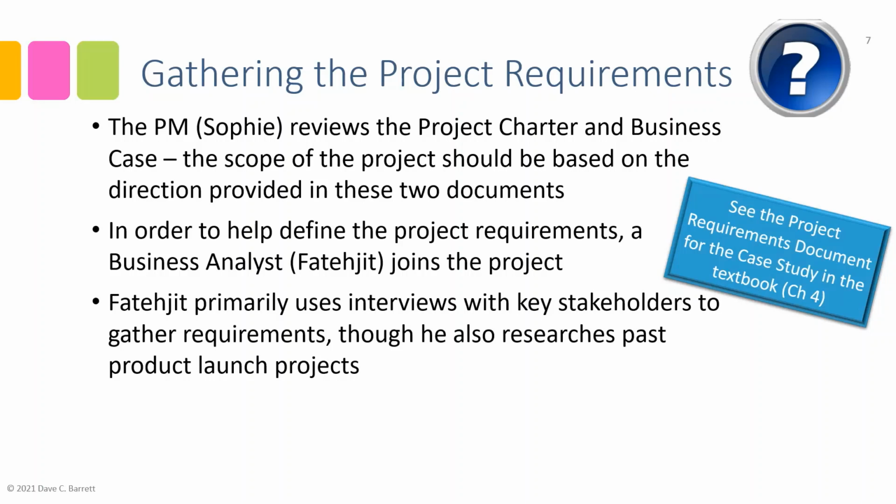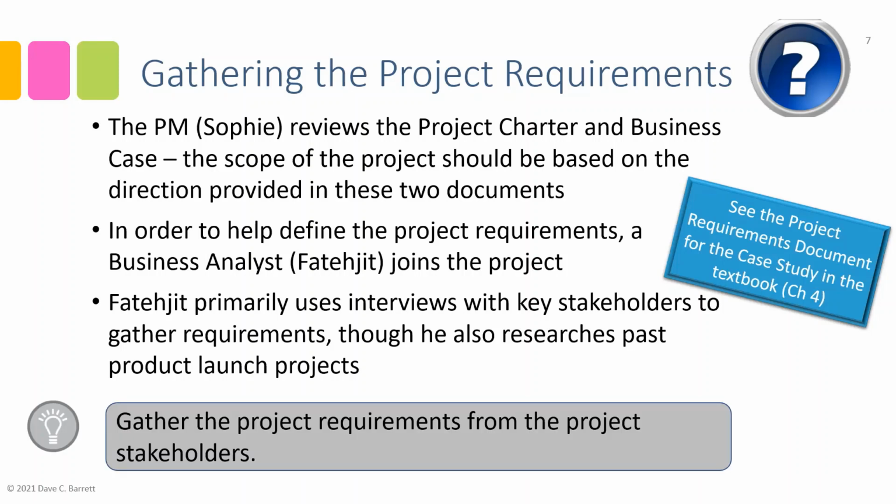It's often divided into different categories of requirements, but this is the total list of the things that the stakeholders are asking for. It's not necessarily everything the project is going to do, but the first step is to find out what is required by your stakeholder group. So we can see the key idea there at the bottom: gather the project requirements from the project stakeholders.